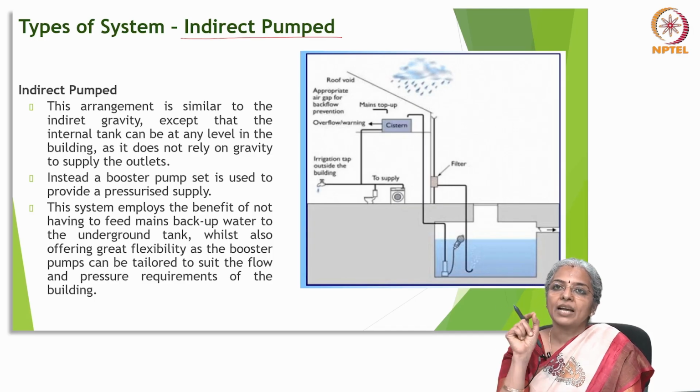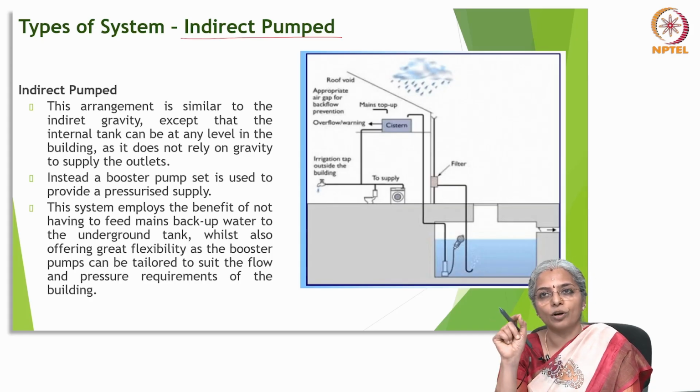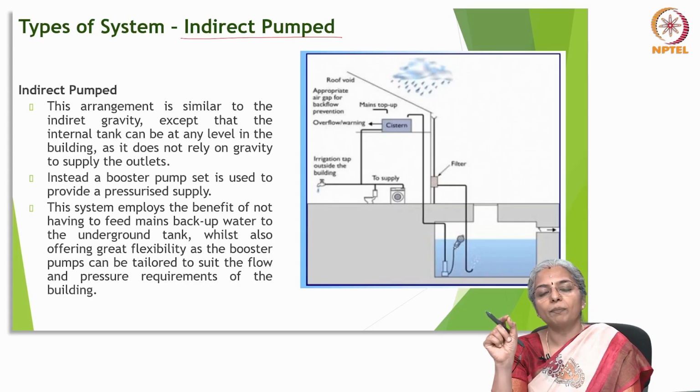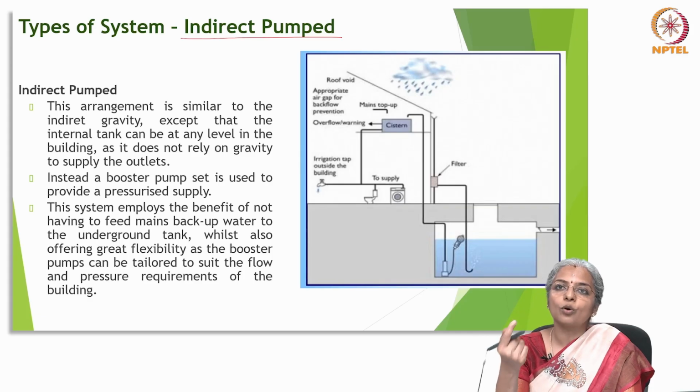This system has the benefit of feeding the mains backwater pipe to the underground tank, and at the same time it gives you greater flexibility because the booster pump can be selected based on what flow and pressure your building requires.